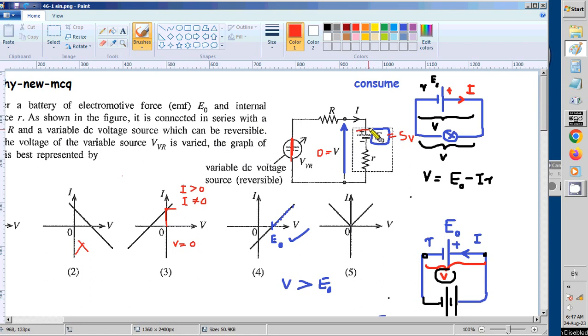So the positive here, negative here, then positive to negative there must be a current. That means here the direction is this way. So initially they have taken this way as positive, but now it is opposite. So the current must be negative at 0 external voltage. So they have shown it at positive side, so it should be here negative side. So therefore this one is wrong.